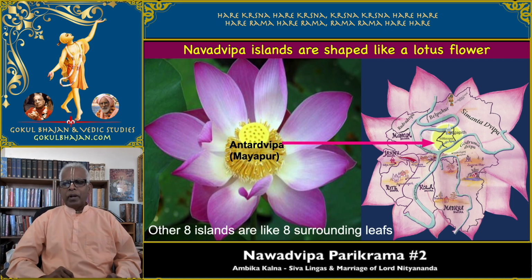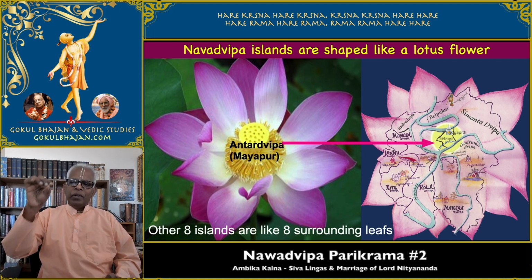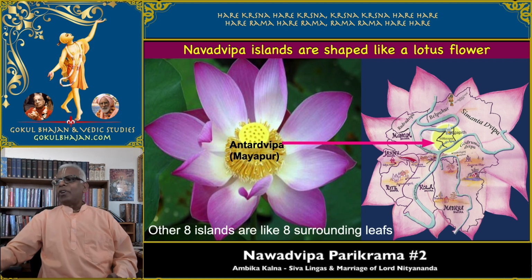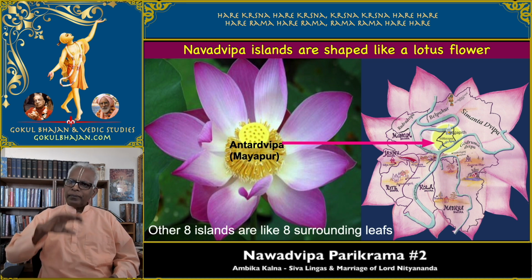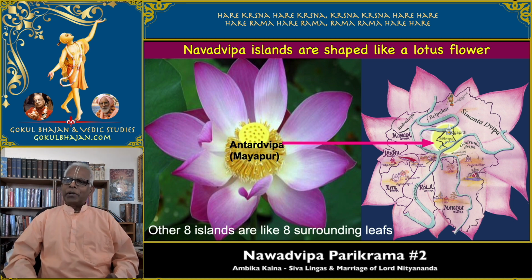Antardvipa, that is Mayapur, then Simantadvipa, Godrumadvipa, Madhyadvipa, Koladvipa, Rutudvipa, Jahnudvipa, Modadrumadvipa, and Rudradvipa. Rudradvipatmika Sri Navadvipa ki Jai, that we say. This is how we glorify this Navadvip Dham. That was the pilgrimage that we really took.